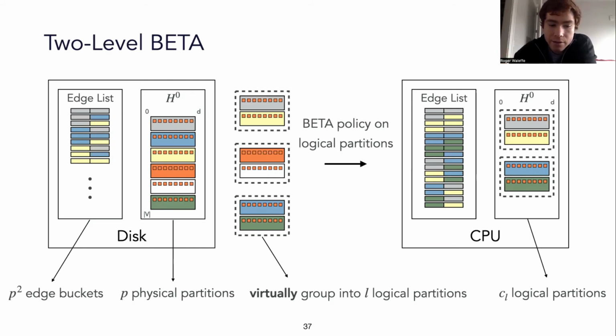And adding this extra layer of abstraction allows us to separate the granularity of data storage and access from data transfer. And with these two partition levels, we can independently tune the size of the physical partitions and the amount of data swapped with the logical partitions. And it turns out that this flexibility is particularly useful, as we'll see with some results in a couple slides.